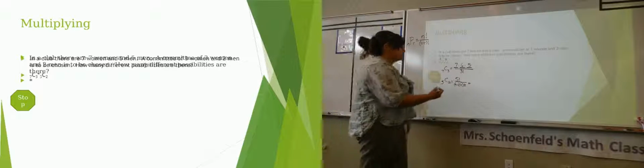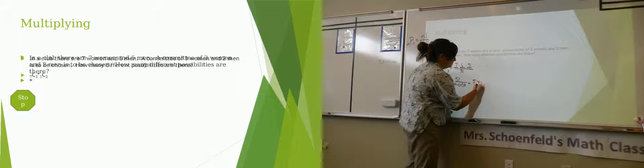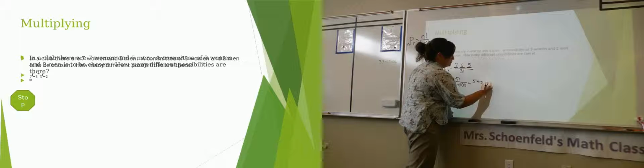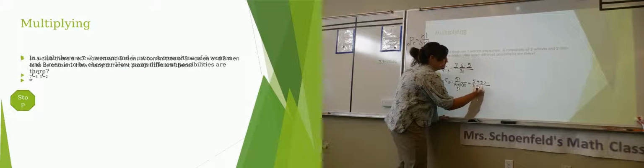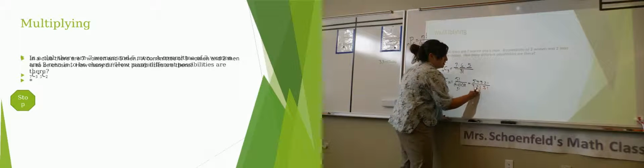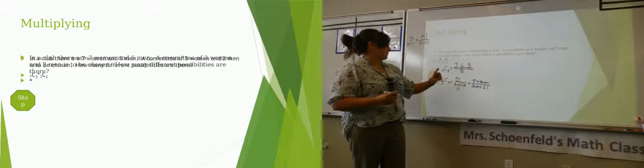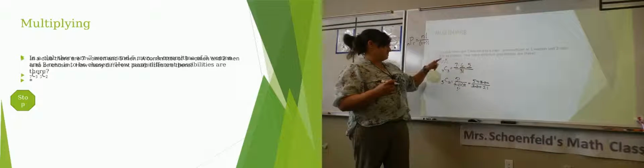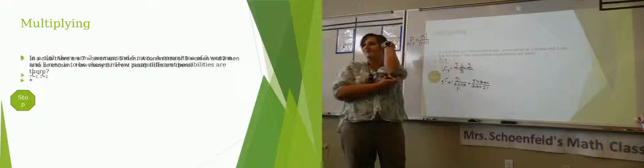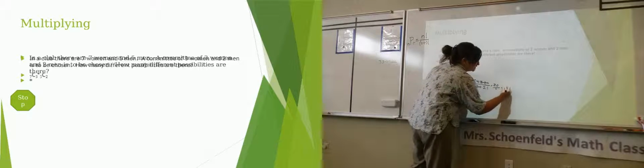Okay, so I have 5 factorial, which over 3 factorial is 3 times 2 times 1, times 2 factorial, which is 2 times 1. I'm going to mark off those 3 times 2 times 1. So then I would have 5 times 4. I was really confused because these aren't the same numbers, but I forgot that I'm actually doing different things. So I'd have 20 over 2, which is just 10.